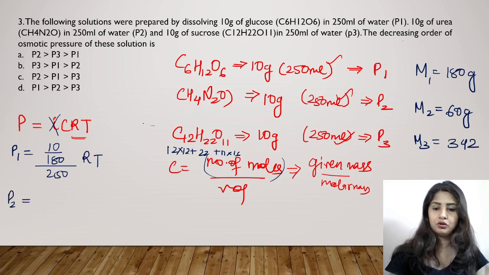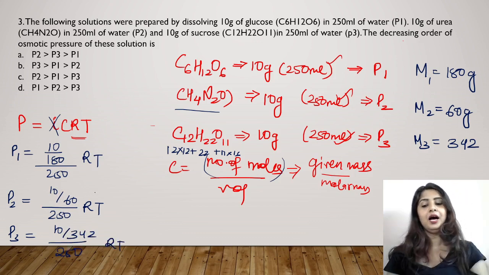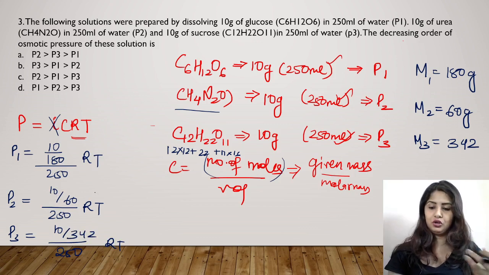P2, that is the pressure of urea, is 10 upon 60, whole upon 250, RT, and P3 is equal to 10 upon 342, upon 250, RT. Now the answer is in front of you, you don't need to do anything, right?